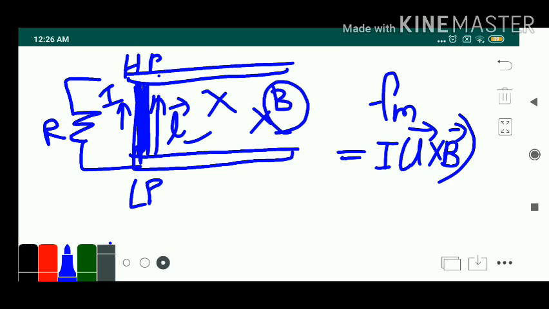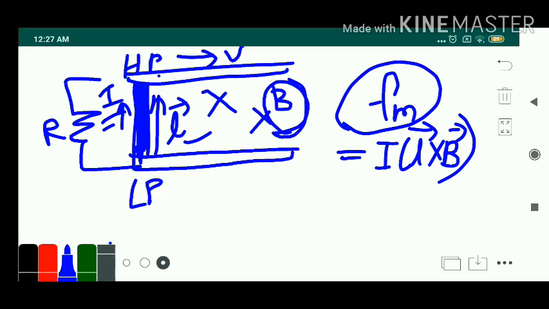Already this rod is moving in this velocity direction, but due to the presence of magnetic field, this rod is having an induced current, that expression we found earlier. Now induced current has caused this rod to experience a force. In which direction will it be?